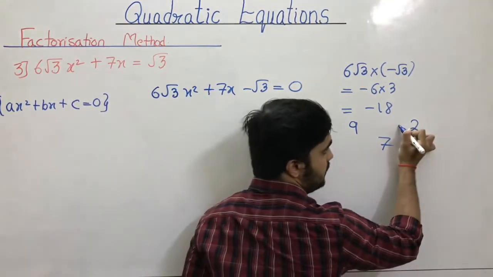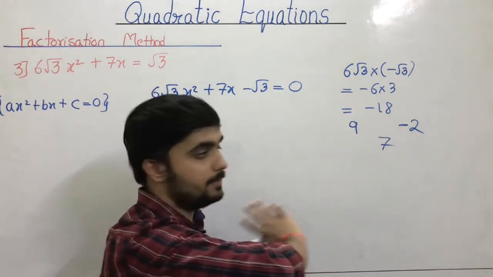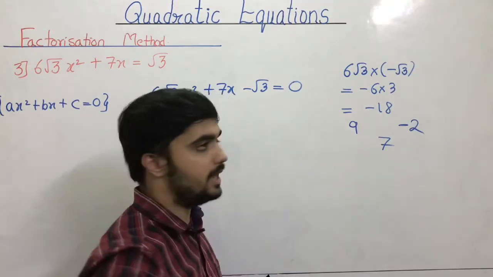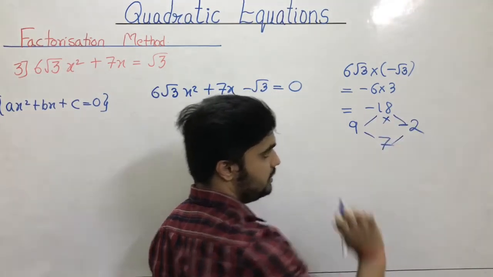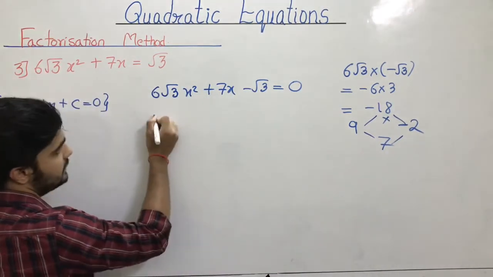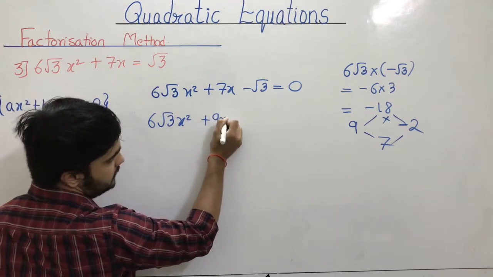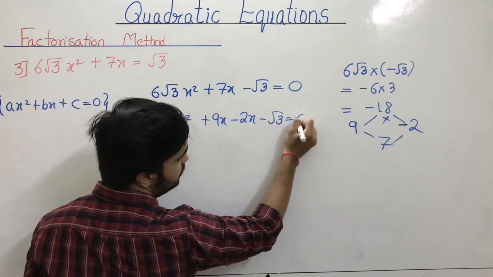So if we'll take minus 2 here, 9 into minus 2 is minus 18, and 9 minus 2 is 7. So both the conditions are satisfied of multiplication and difference. So we can write 9 and minus 2 in place of 7. So 6 root 3x square plus 9x minus 2x minus root 3 is equal to 0.